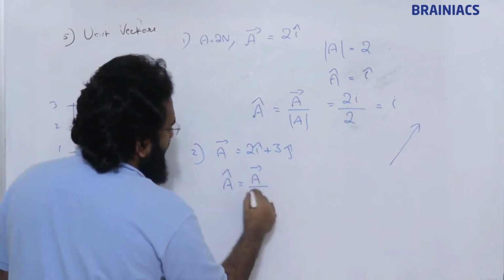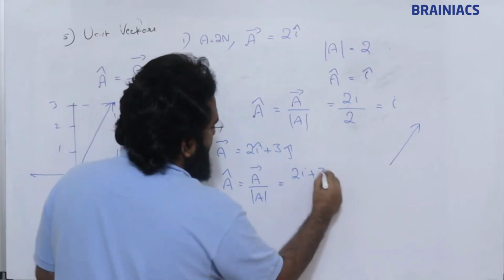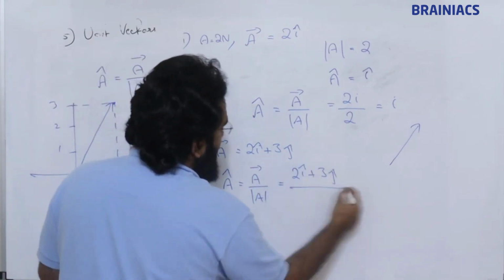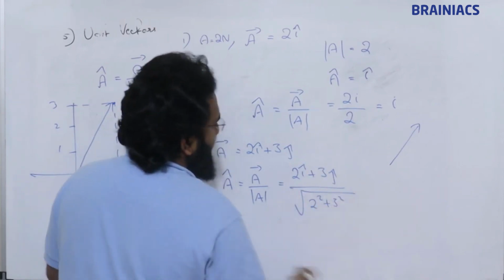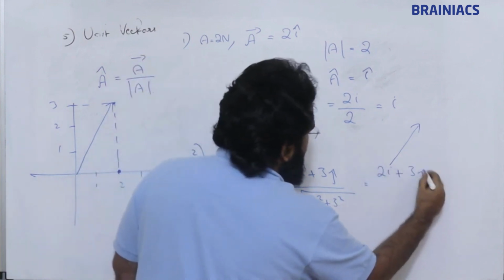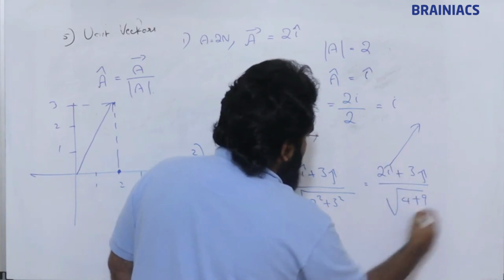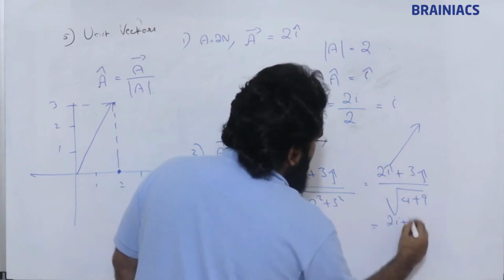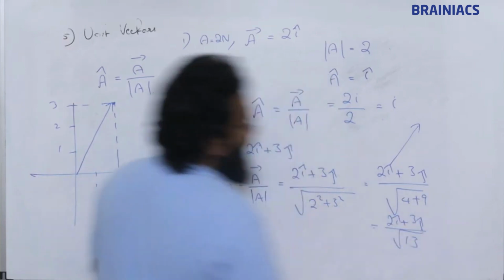Now how to find the unit vector? Vector divided by mod of vector a. So what is vector a? 2i plus 3j divided by mod of a, which is root of 2 square plus 3 square. So this is going to be 2i plus 3j divided by root 4 plus 9, so 2i plus 3j divided by root 13.